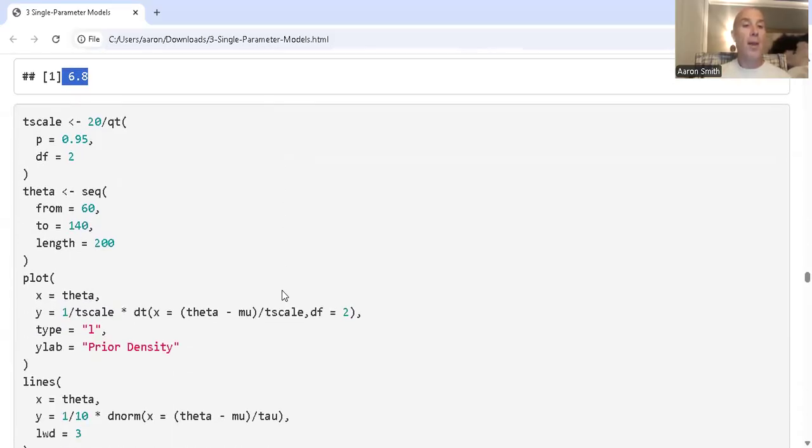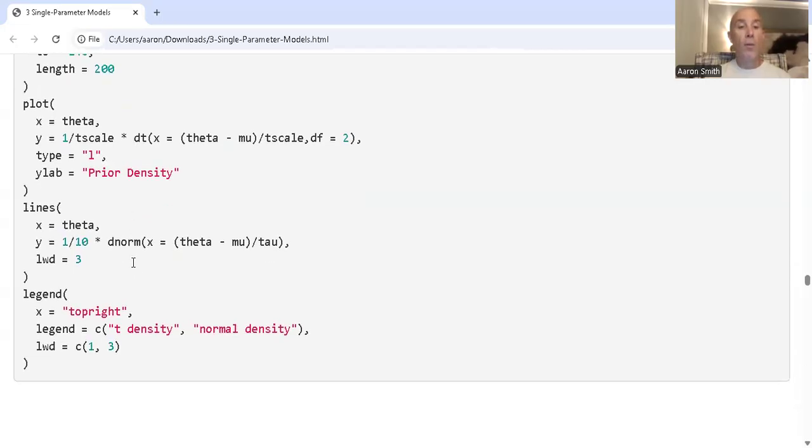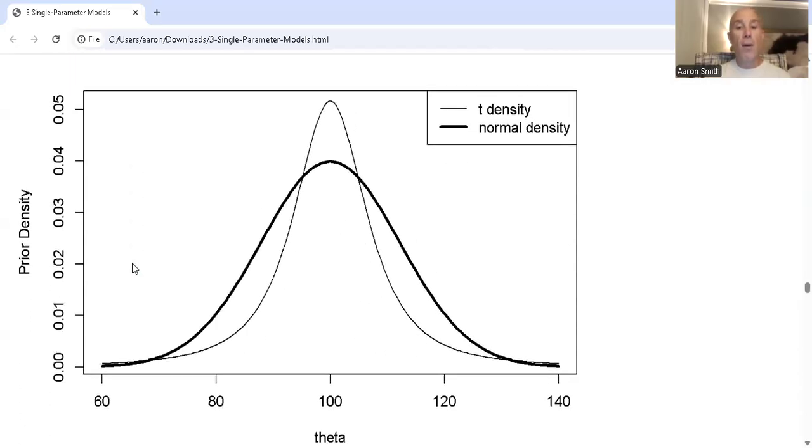All right, now let's take a grid of theta values and plot these and take a look at the 2 different priors that we have. The dark one is the normal distribution that we have as our prior, and the thinner line is for the T density. Something important to realize is that we have heavier tails to the far right and far left with that T density.